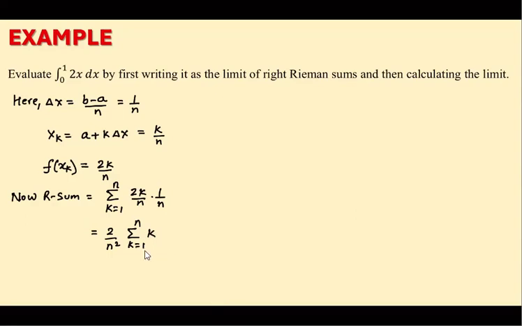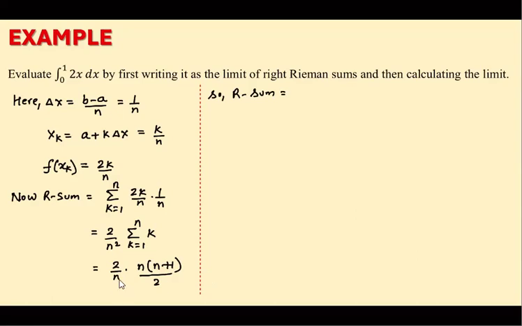And the sum of k means the sum of the first n natural numbers, which is given by this formula. Let me write here, 2 over n squared multiplied by n times n plus 1 divided by 2. So we use the formula, and we are almost there with our Riemann sum.